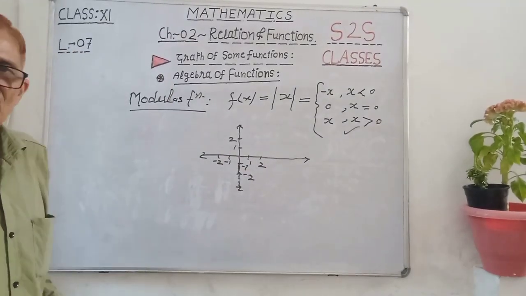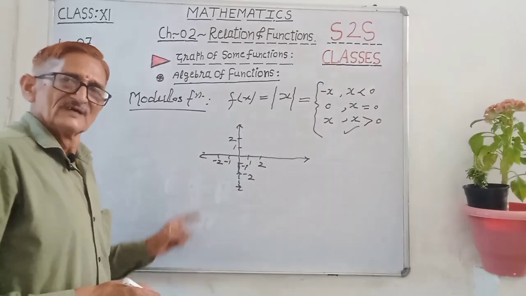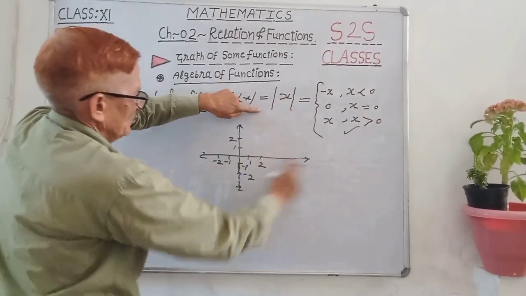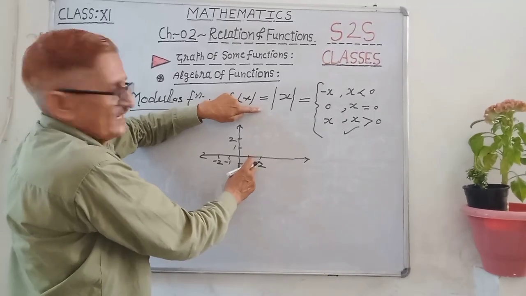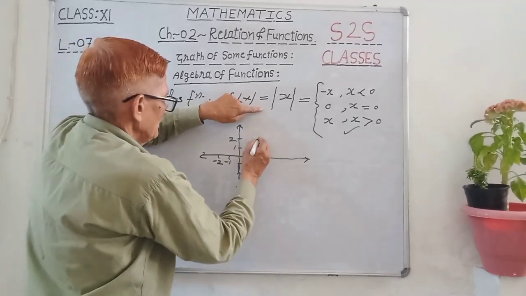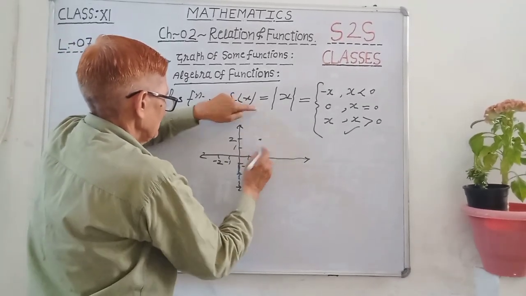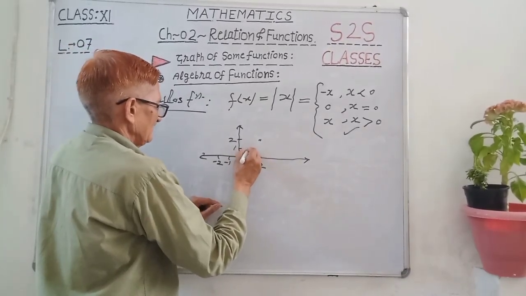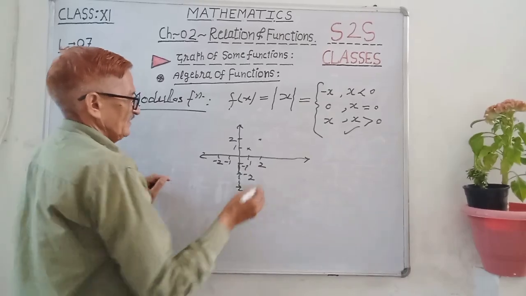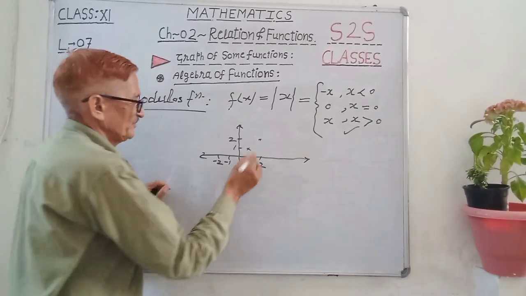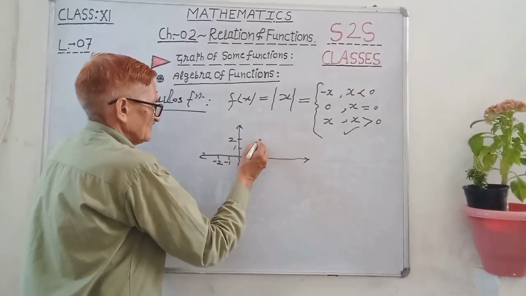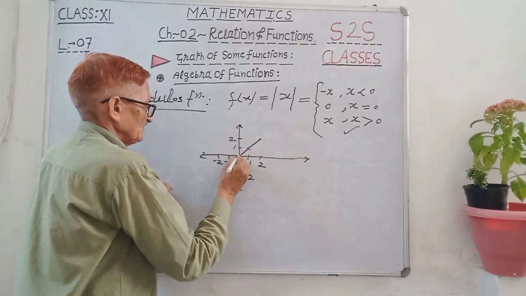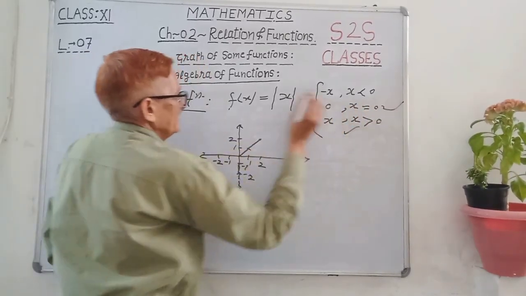Okay, now you see how you can do. How? Take x value here, any positive real number. If you are taking 2, x is 2, the modulus of 2 is 2. So here will come the point (2, 2). And if 1, then 1. Here it will come. If any other in between, any real number, so between many points will come. If x is 0, then y is 0.